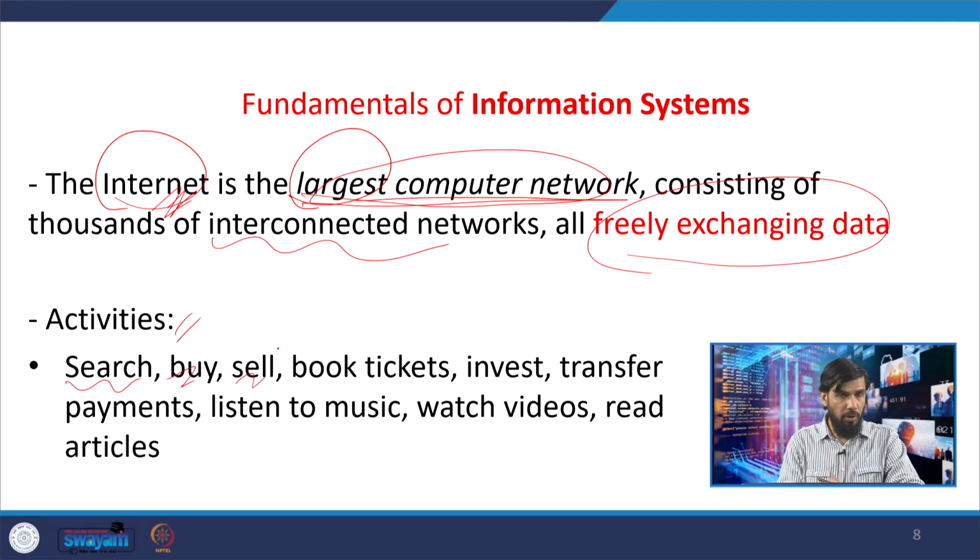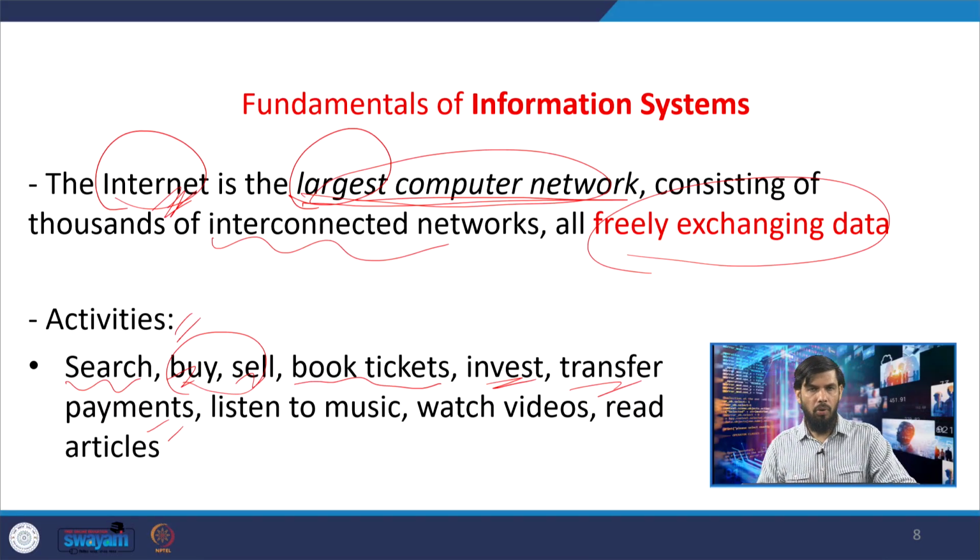Buy, sell through e-commerce. We talked about some of these apps as an example of information systems in previous sessions. Booking tickets, investments, financial, other investments, right. Transfer payments for e-commerce or for any other store, local store, street vendors, everything is happening through the internet, right.